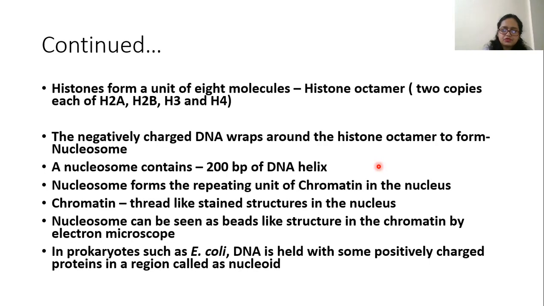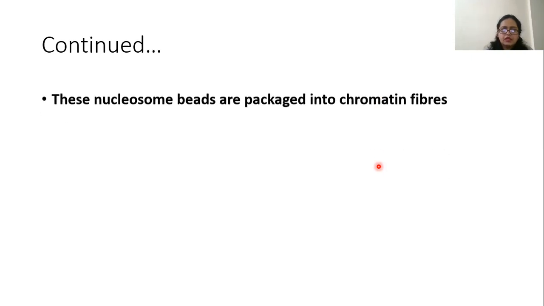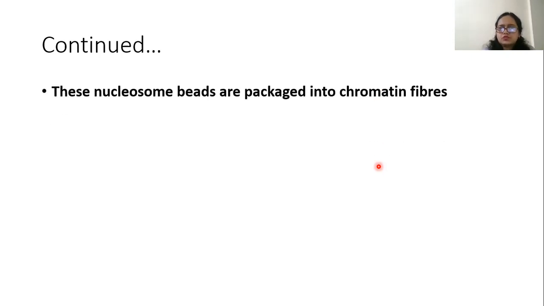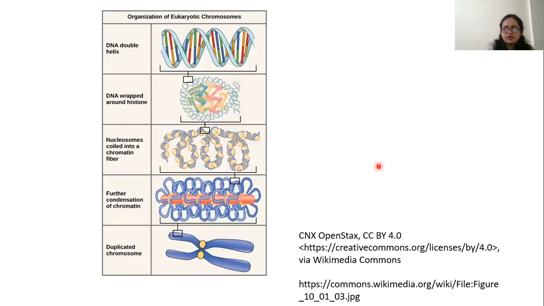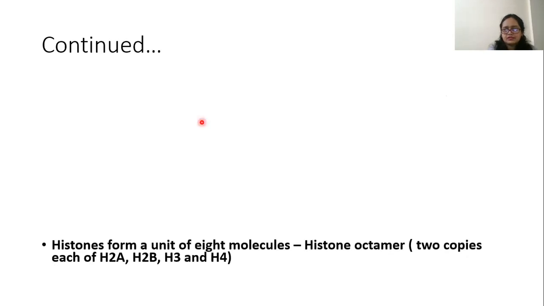Their compaction is also done by some kind of positively charged proteins, and they are constrained in a region called the nucleoid because there is no such well-defined nucleus in E. coli. So these nucleosome beads are packaged into the chromatin fibers as we have seen in the previous diagram. So in the chromatin fiber they are compacted.